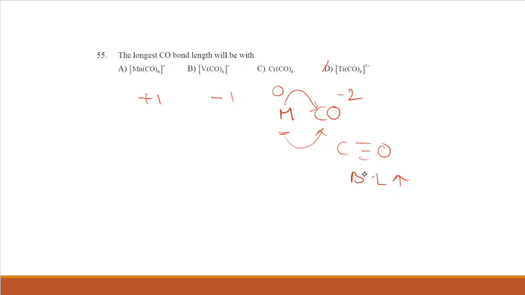You can say that it has the longest C triple bond O bond length among all these coordination ions. Okay, so answer is D. Synergic effect or synergic bond is one of the important topics regarding the JEE Mains.